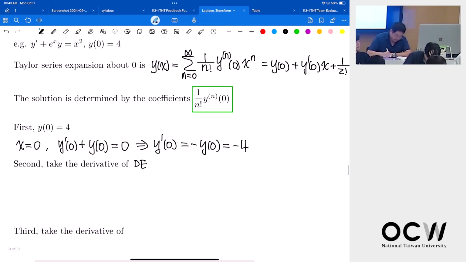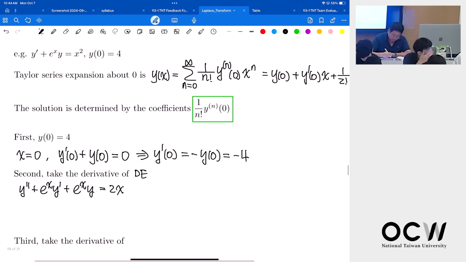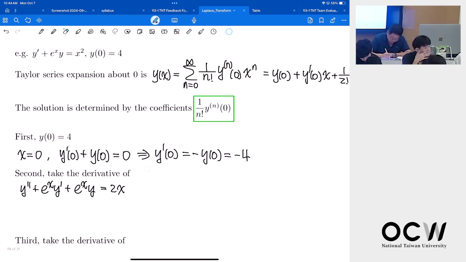Then we get y double prime plus e to the x y prime plus e to the x y equals 2x.